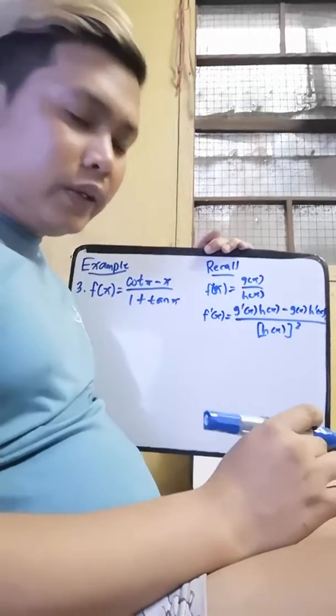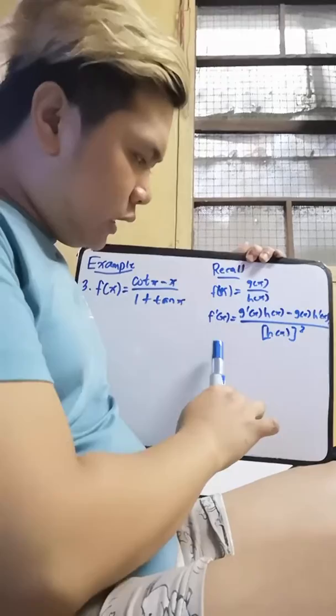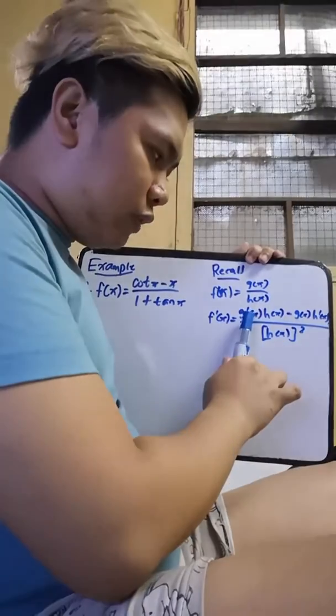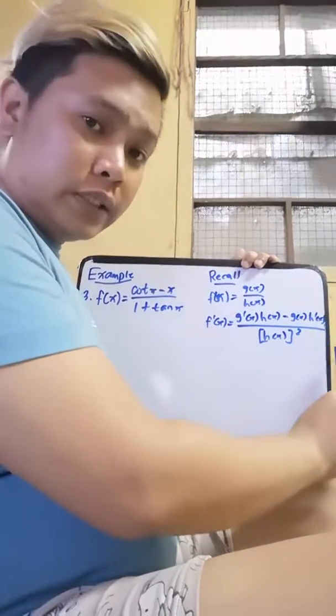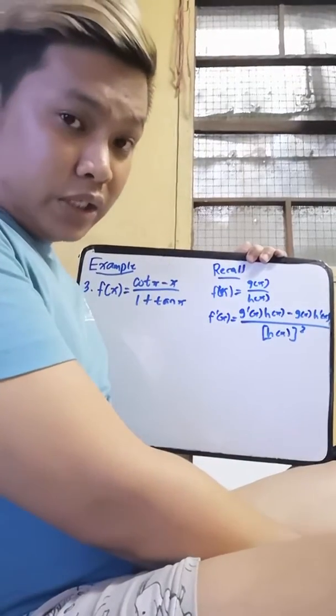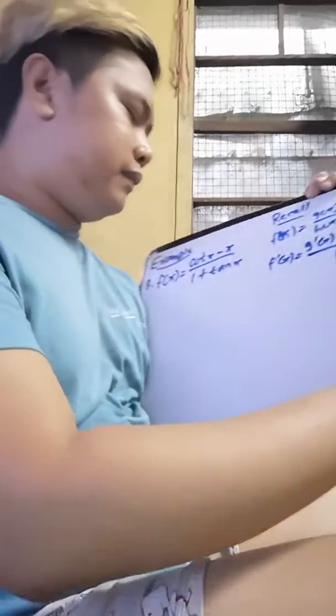Ulit. So, to get the derivative of f of x equals to g of x over h of x, you just need to get the derivative of g of x multiply to h of x minus g of x multiply to the derivative of h all over h of x squared. Okay?